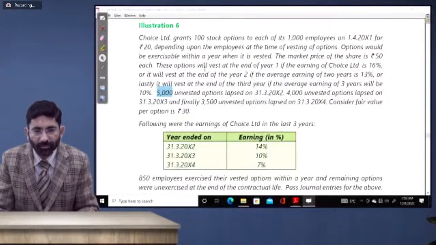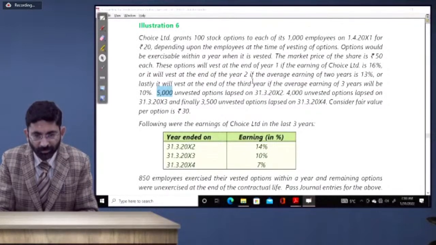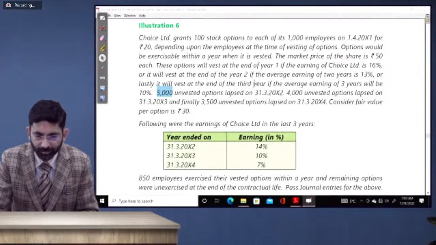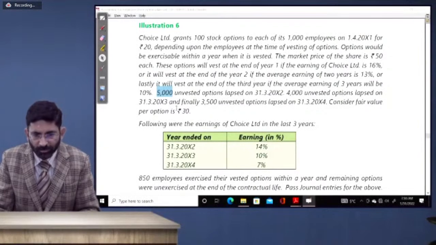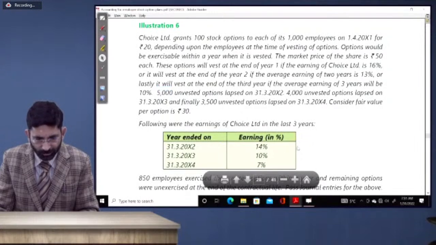See the period. The period is given to you. 28 lakh 50,000. The vested option within a year.